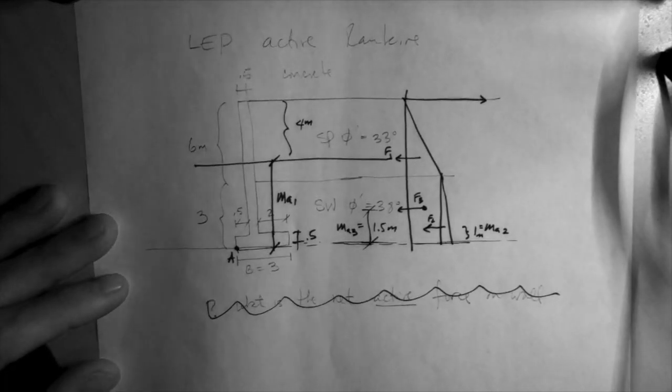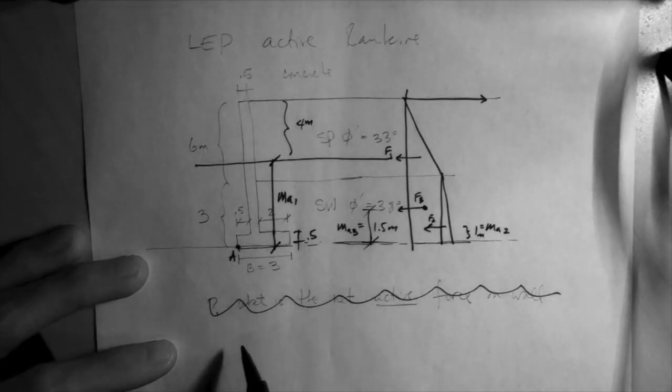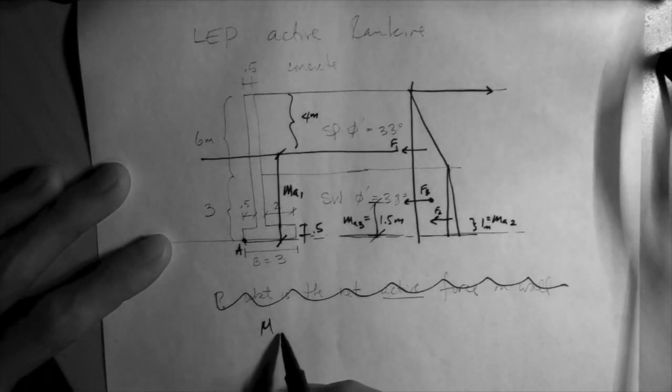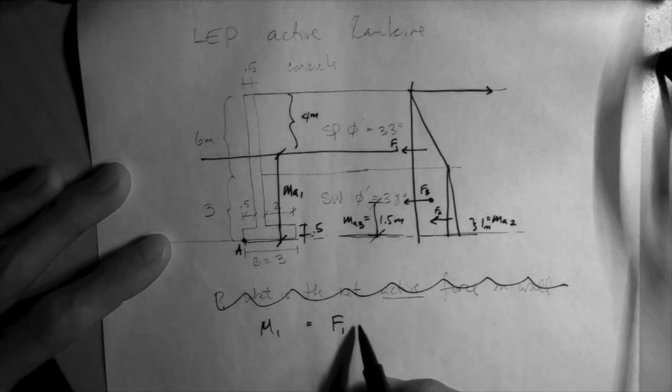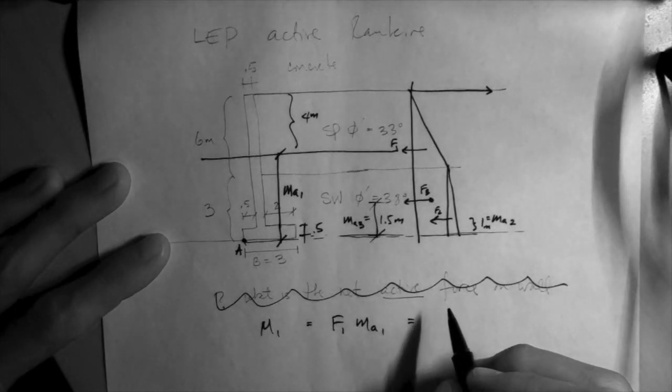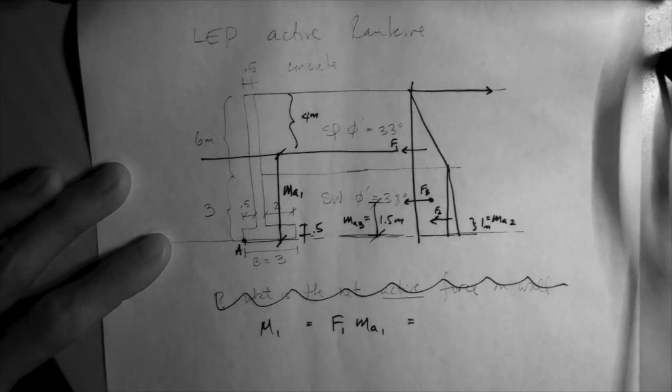So those three moments, if I can write them here: moment 1 is F1 times moment arm 1. I'm going to copy the forces from my factor of safety for sliding sheet.